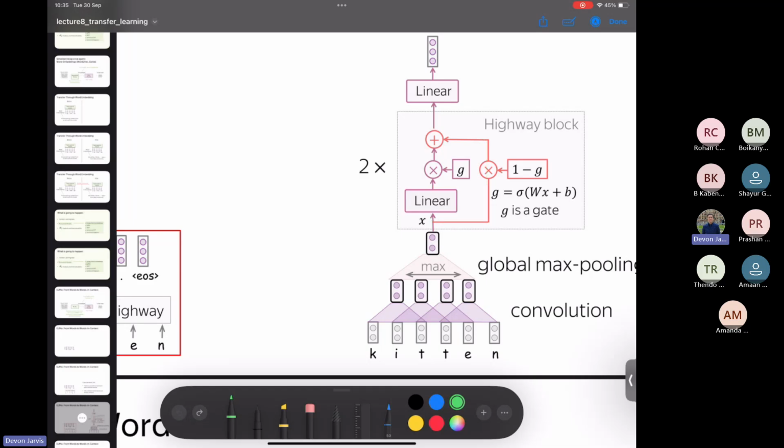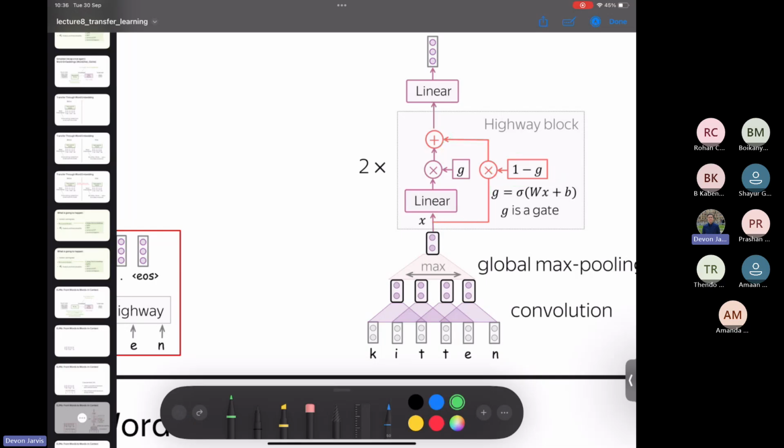The middle path is just going to do another linear mapping, and then rescale that by our gating variable, the scalar variable we got from G. And then over here, we are going to take our original representation for X, multiply it by 1 minus G, and then just add it back at the end.